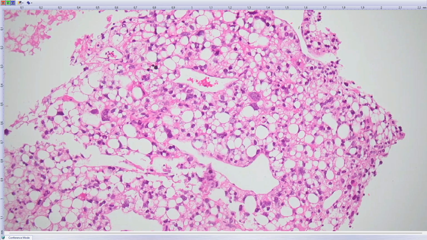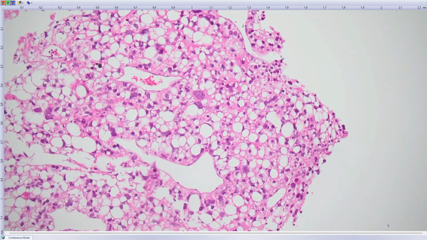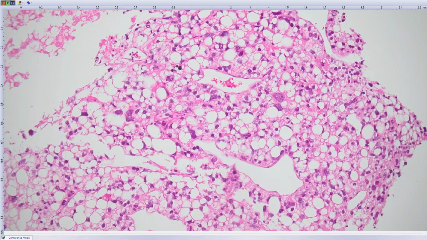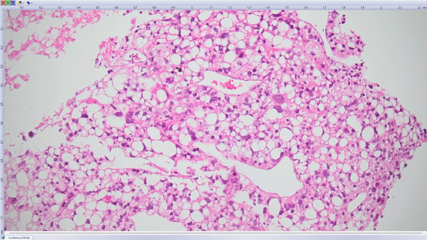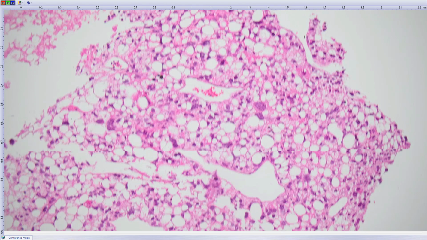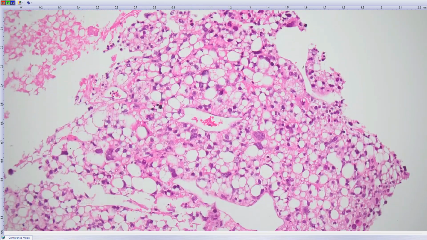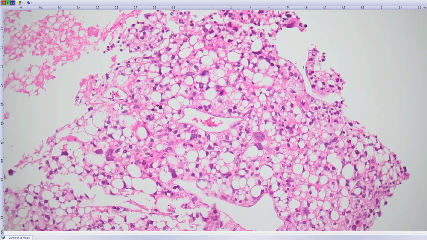So you can have differentiated liposarcoma with a pleomorphic liposarcoma-like component, but in this case MDM2 immunostaining was negative, and the diagnosis is pleomorphic liposarcoma. So it's not a very common diagnosis, and it may occur in the retroperitoneum.